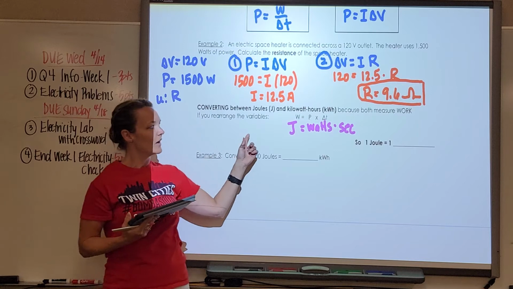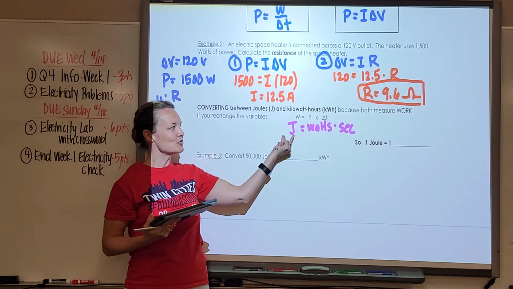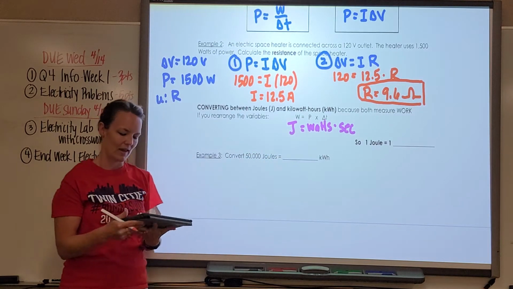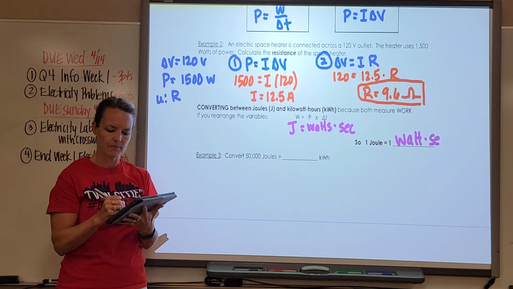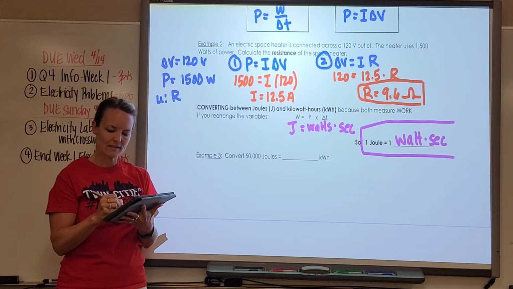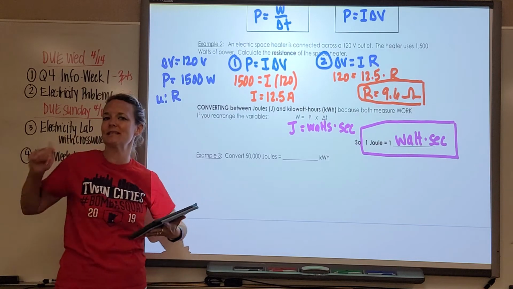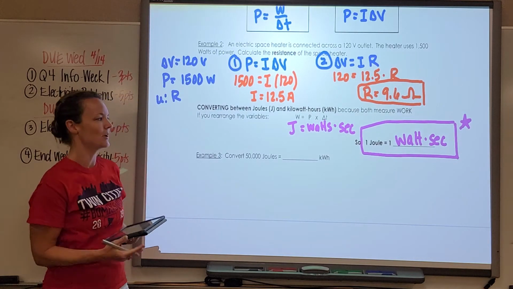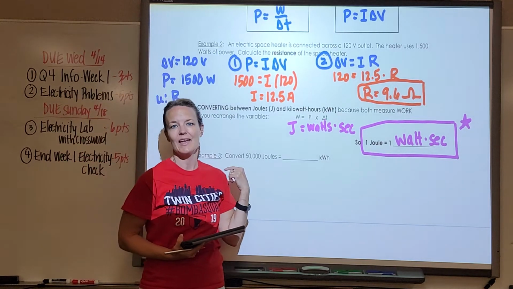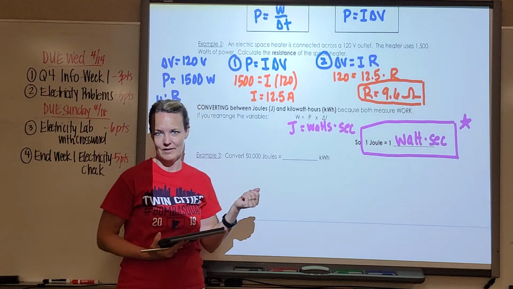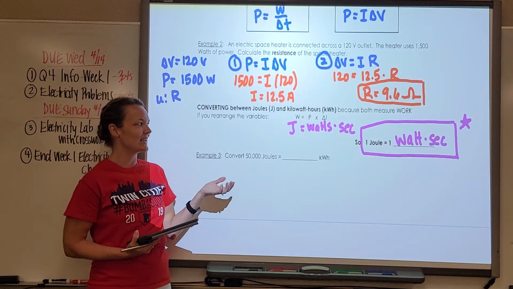So if this equation holds true, then a joule has to be the same thing as a watt times a second. Box that in, circle it, do something, star it so that you can find it later. A joule is the same thing as a watt second.